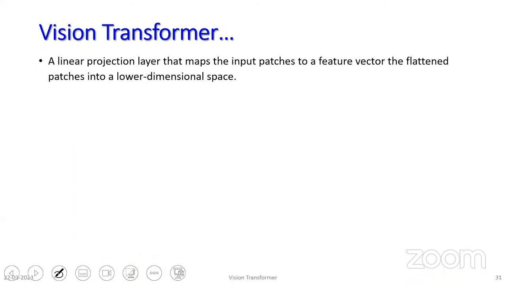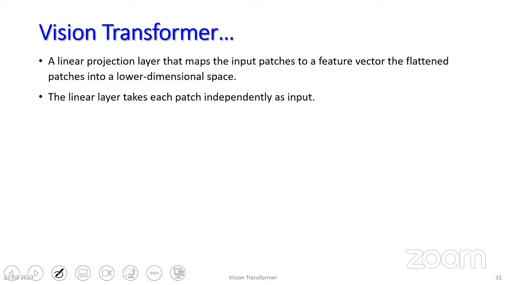So basically a linear projection layer, I'm sorry, I'm going a little late, but it's only 7:25 right now, but I think I'll be able to cover it. A linear projection layer maps the input patches to a feature vector, that flattens the patches into a lower dimension space.